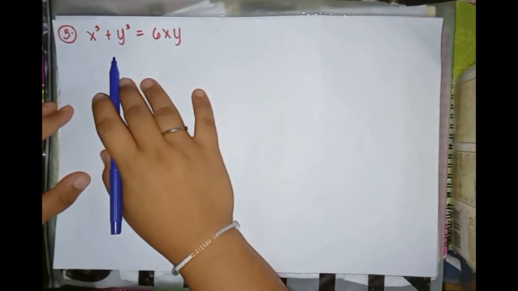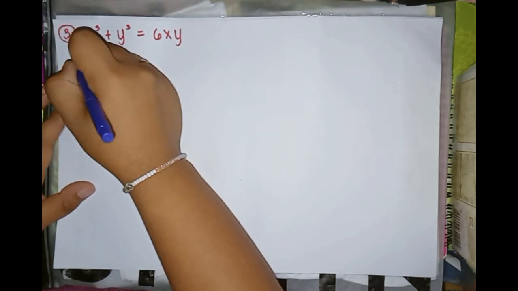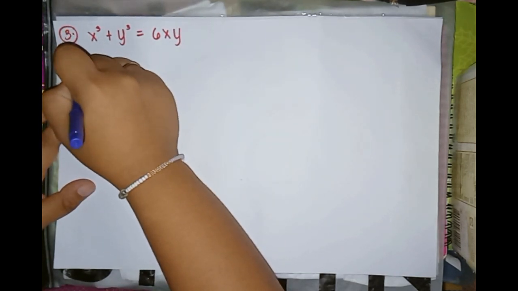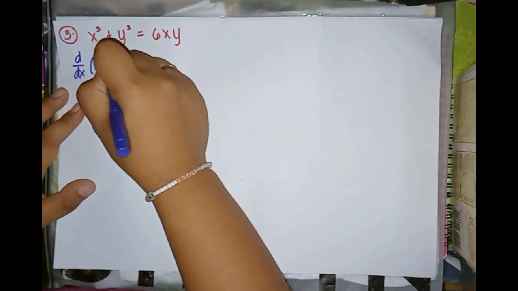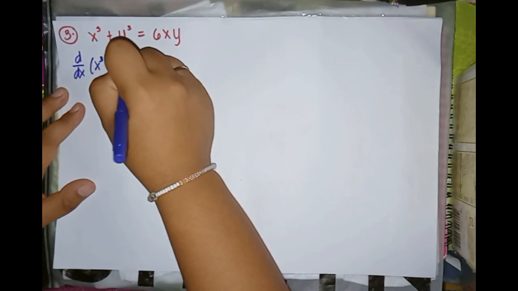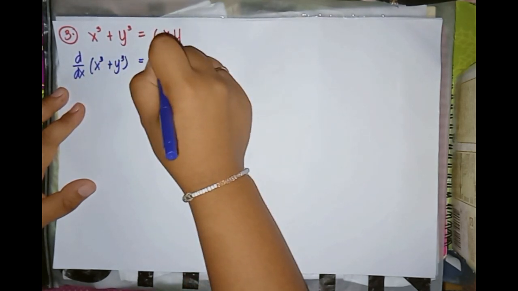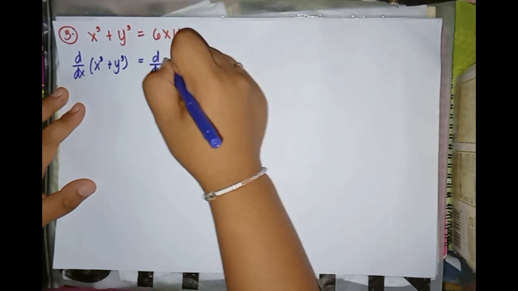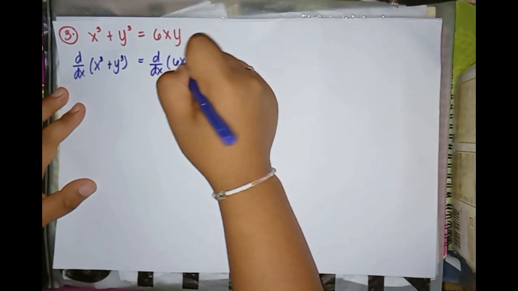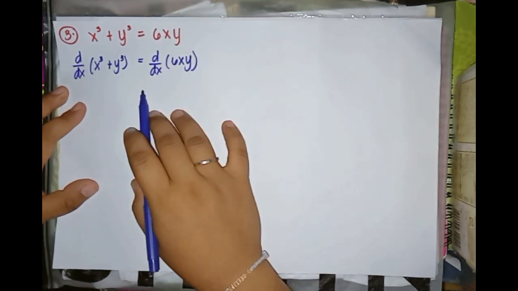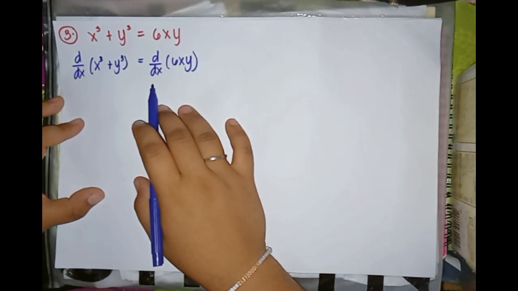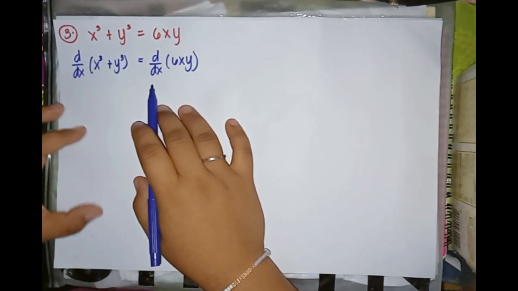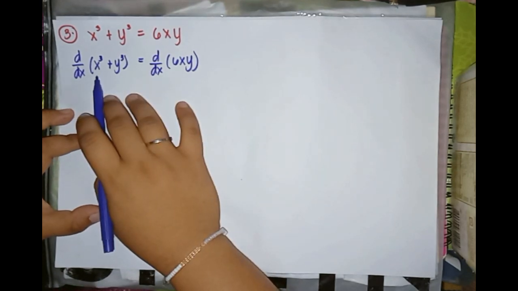So what we're going to do first is, again, let's get the derivative of both sides. So we have d over dx of x cubed plus y cubed is equal to the derivative of 6xy. We know again that the derivative of a sum is just the sum of the derivatives. So let's arrange things.